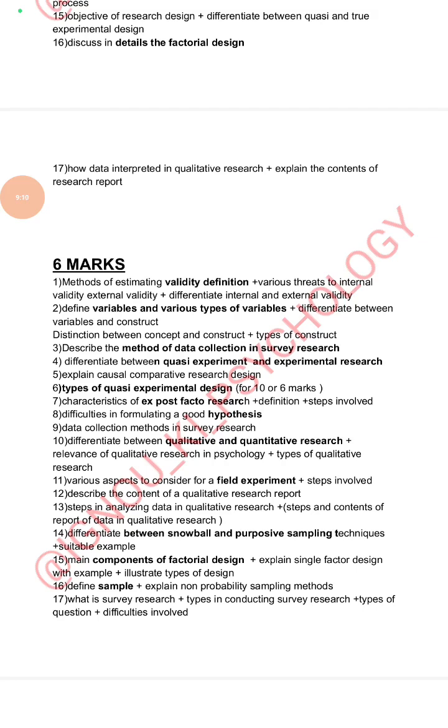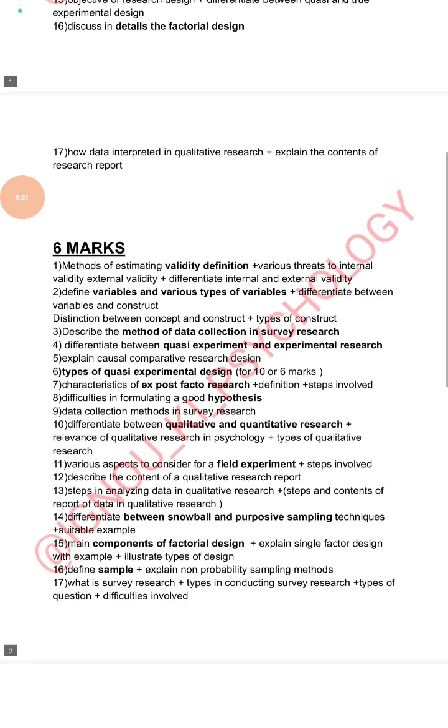Quantitative helps to analyze data with the help of numerical and statistical methods. Qualitative research gives us the answer why such things are occurring, whereas quantitative gives us the answer how much. It gives us more scientific and validated measured results. Okay, in this way you have to prepare. This is again very important.